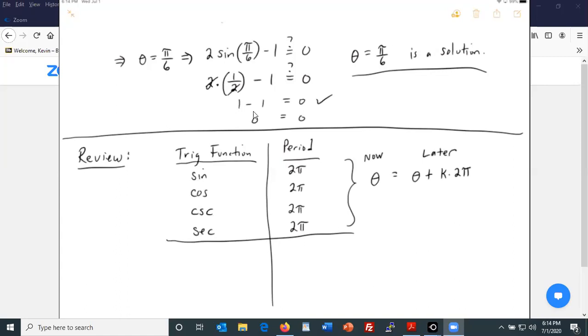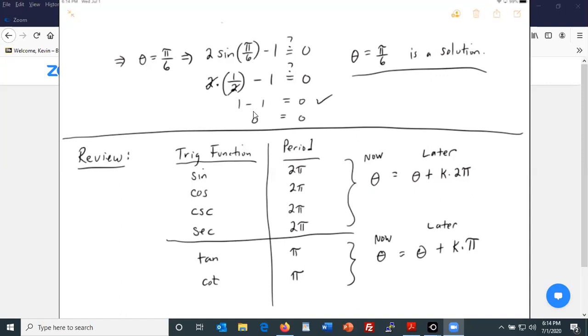Okay? And then the other 2 functions, tangent and cotangent, they have a lesser period of pi. So a theta now for tangent or cotangent will equal theta plus k times pi, not 2 pi, right? Because the period is 1 pi, so there's no 2 here. And this would be a later equal value.